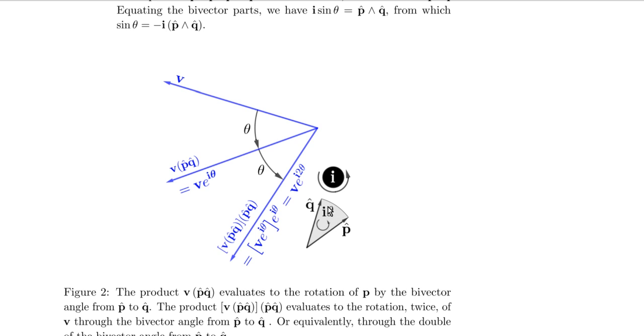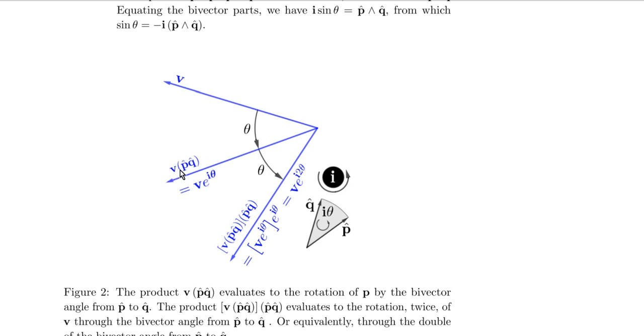So here we have the angle between P hat and Q hat, and we'll define this sense as the sense of the unit bivector I of this plane. So if we multiply V on the right by P hat Q hat, what we get is the original V rotated by the angle theta that's between P hat and Q hat, and in the same sense.